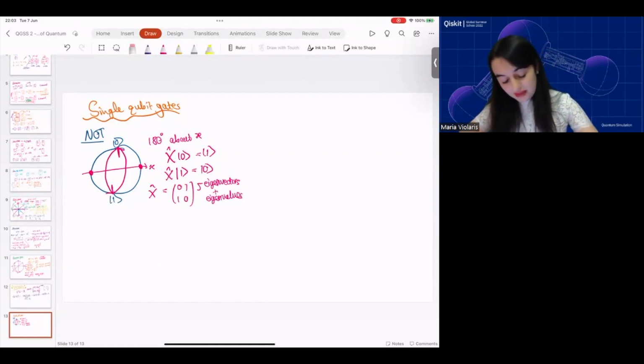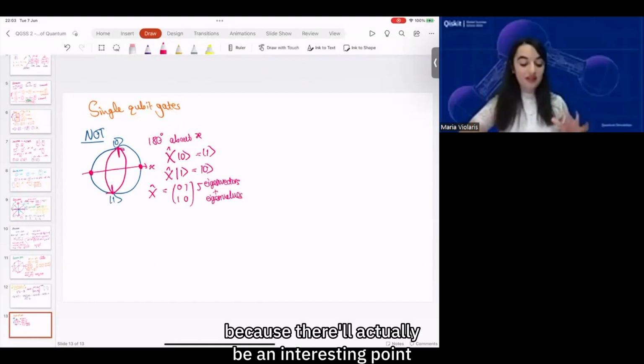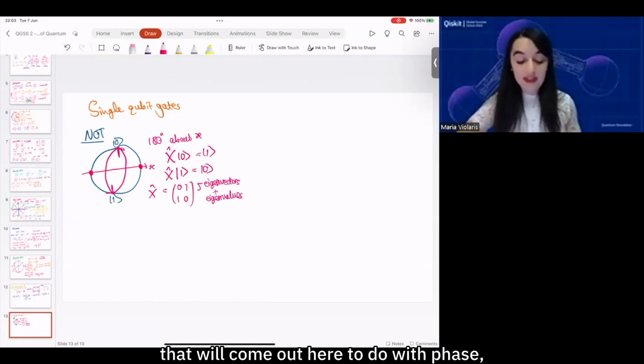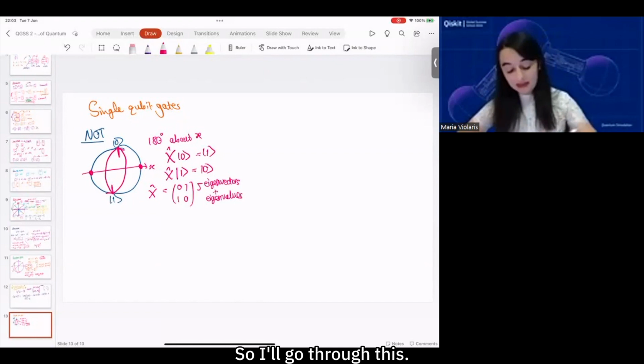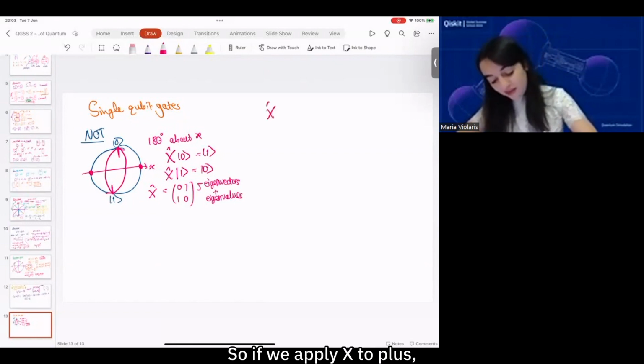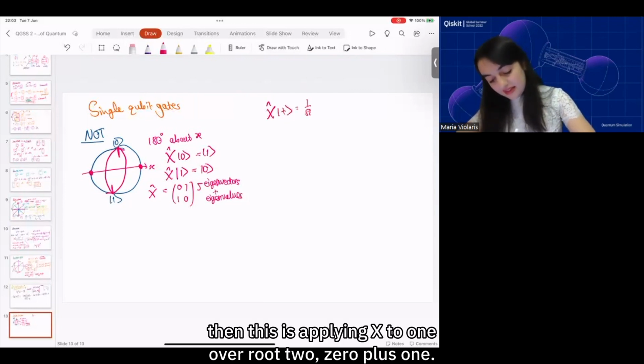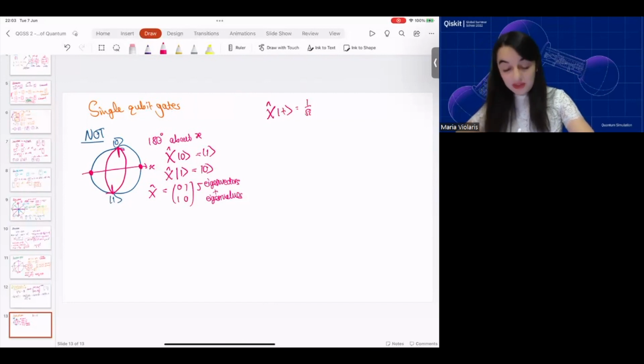So let's go through this, because there'll actually be an interesting point that will come out here to do with phase, which we've not mentioned yet. So I'll go through this. If we apply X to plus, then this is applying X to 1 over root 2, 0 plus 1.